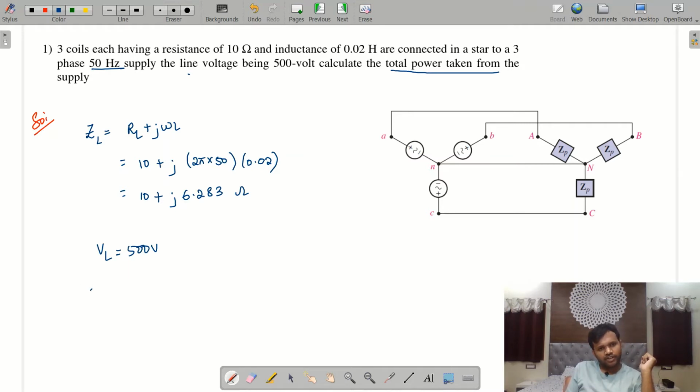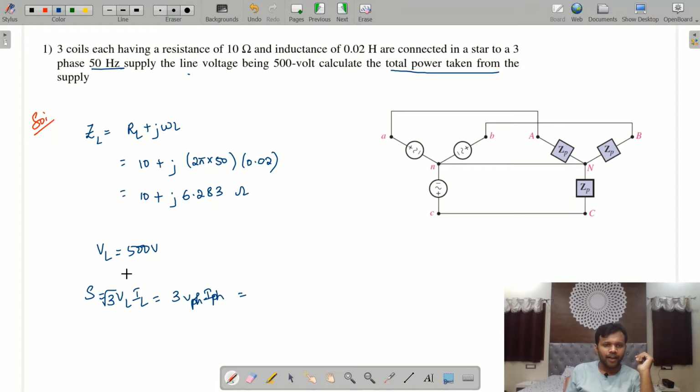Let us deal with S, the apparent power. Apparent power equals root 3 into VL IL, or else we can write it as 3 into V phase into I phase. As VL is already given, we will solve using line voltages and line currents.